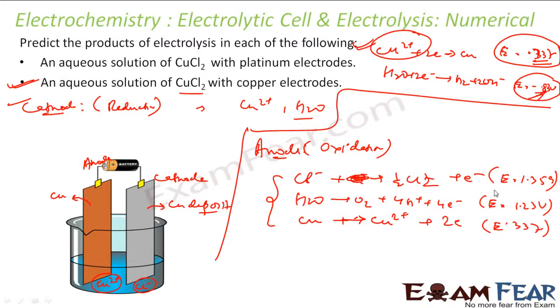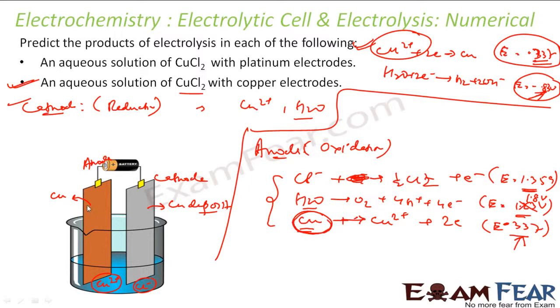What does this imply? This implies that 0.337 volt of electricity is required to oxidize copper. 1.23 volt, and actually if you add oxidation overpotential, this becomes 1.8 volt. 1.8 volt is required to oxidize water. 1.3 volt is required to oxidize chlorine, but only 0.337 volt is required to oxidize copper.